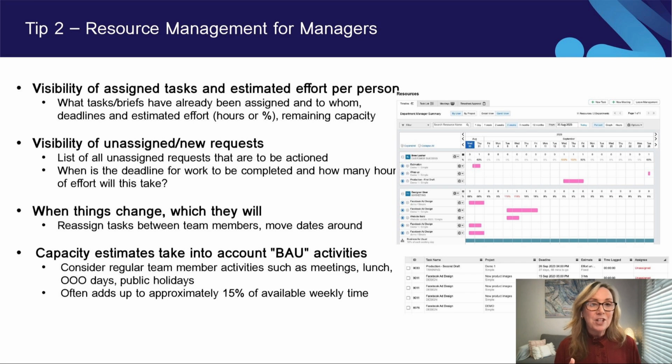What we've discovered over time is that all of that activity can actually take up to 15% of your available weekly time. So if you've got a full-time team member working a 38-hour week, when you take into account all of these BAU activities, they've maybe only got about 32 hours in which to actually do work. So we want to make sure they can be super productive and super efficient in that time that they've got.